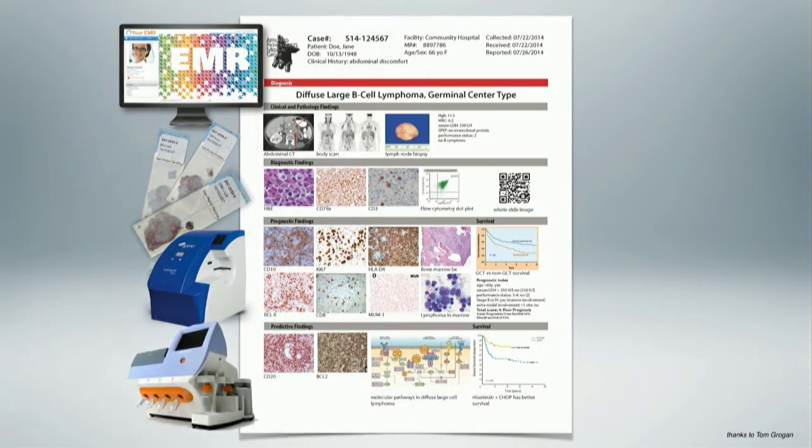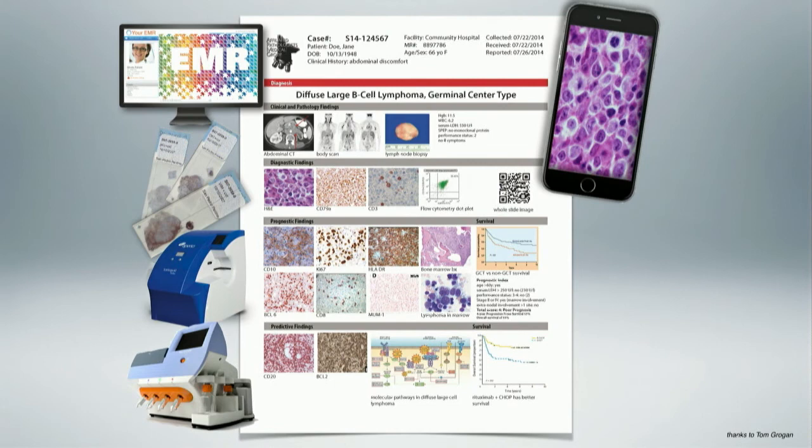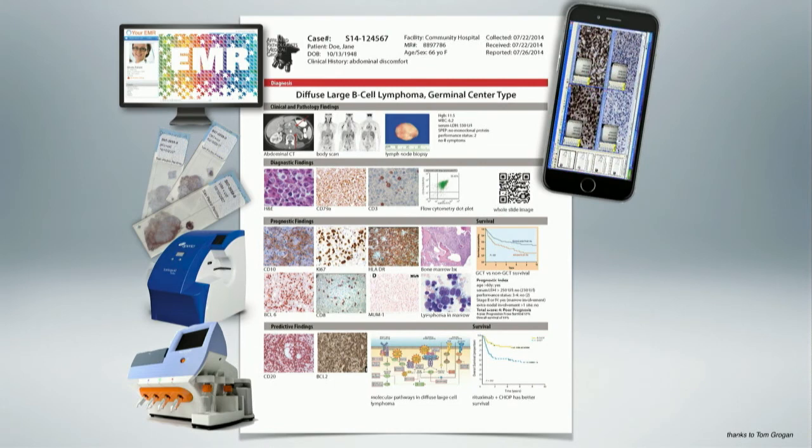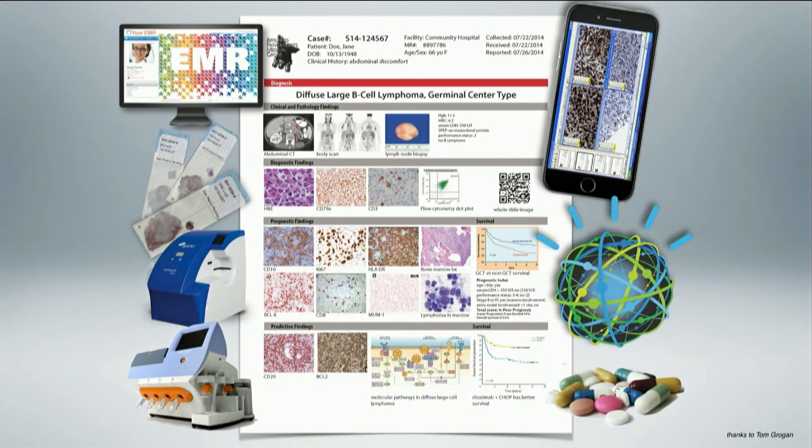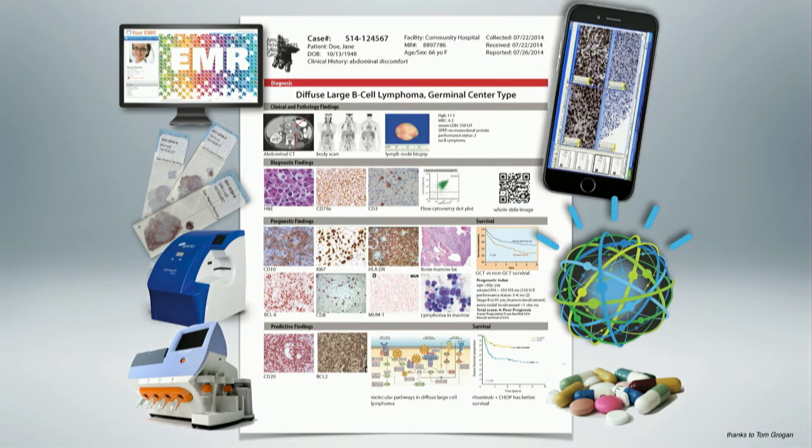It adds in the molecular testing, and it is able to push the information out to your mobile device as appropriate for clinicians to review the case. It then integrates the smarts of Watson and other computer-assisted programs to make you much, much better than you currently are. And it'll finally tell what the patient wants: what's the appropriate treatment. So this is the ultimate pathology report, and I think that's the future of where we're going now.